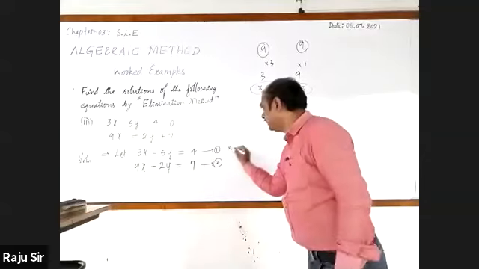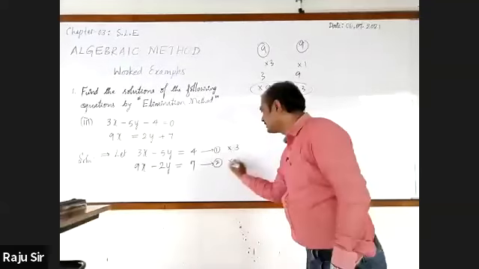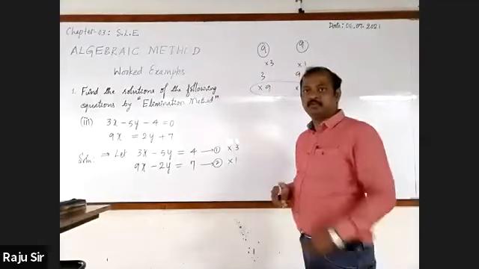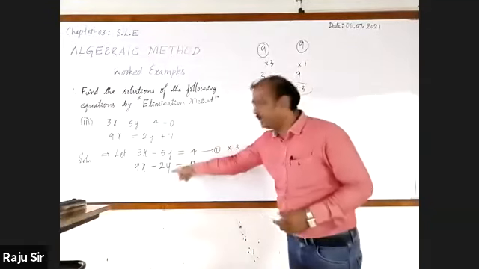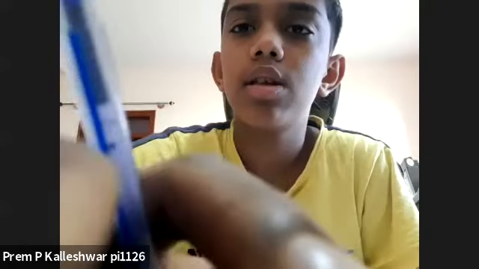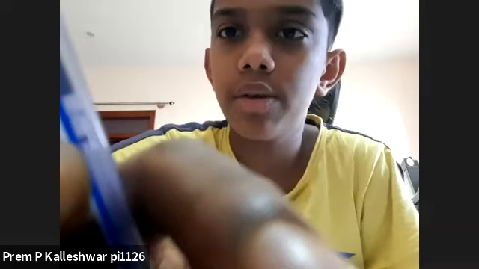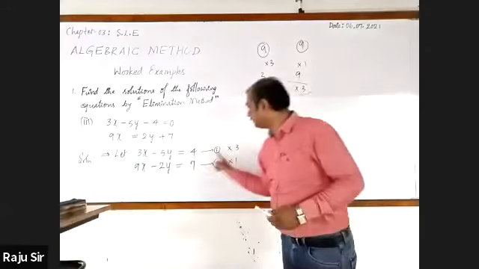Now I multiply the first equation by 3 and the second equation by 1. If you want to equalize the y term, then 5 and 2 should be multiplied. Should we multiply the second equation by 9, sir?